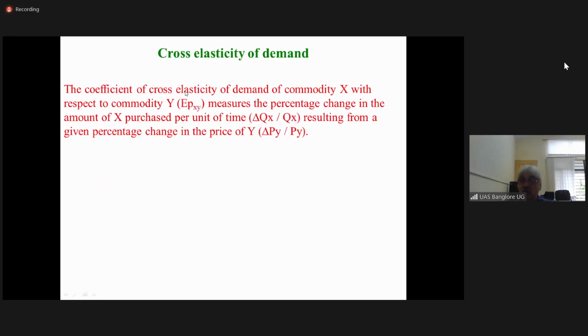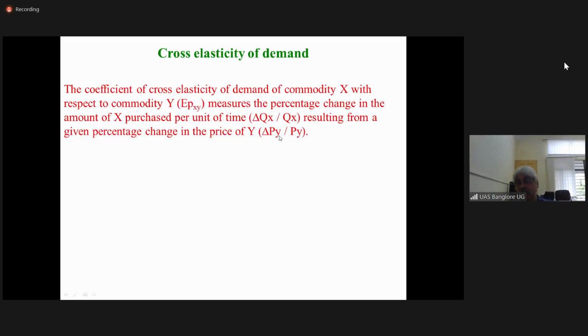The coefficient of cross elasticity of demand of a commodity X with respect to commodity Y, we write as EPXY, price elasticity but with two different commodities, X and Y. It measures the percentage change in the amount of X purchased per unit of time, delta QX by QX, resulting from a given percentage change in the price of Y, delta PY by PY.